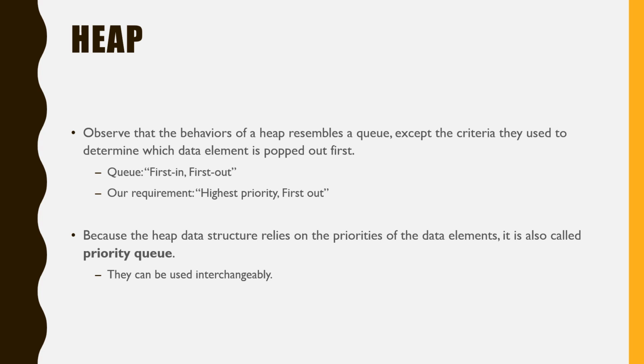This measure, such as the game rating used to decide which game to play first, is referred to as the priority of data elements. For this reason, the heap data structure is also called the priority queue. These terms, heap and priority queue, can be used interchangeably.